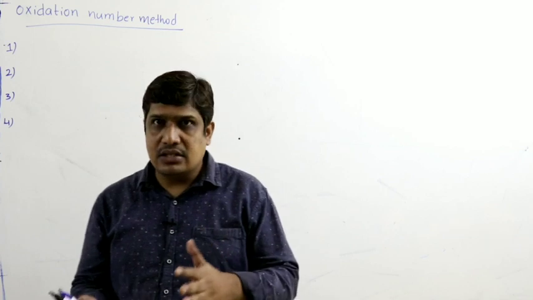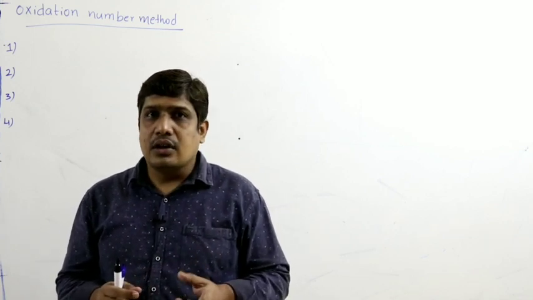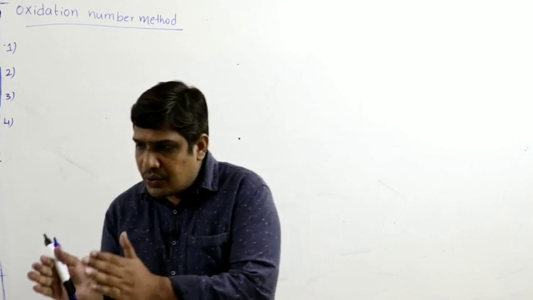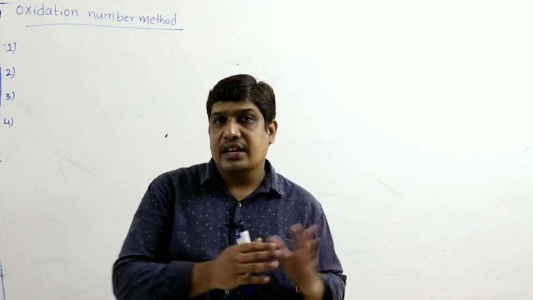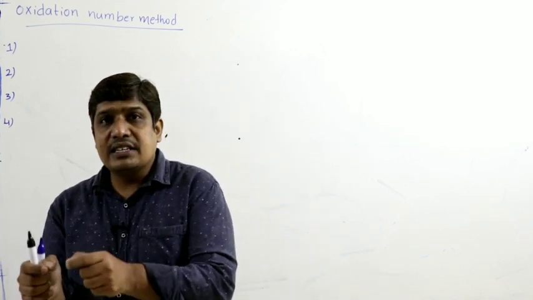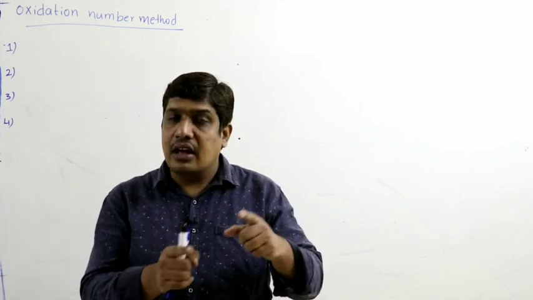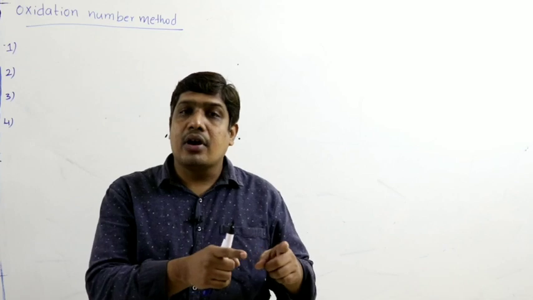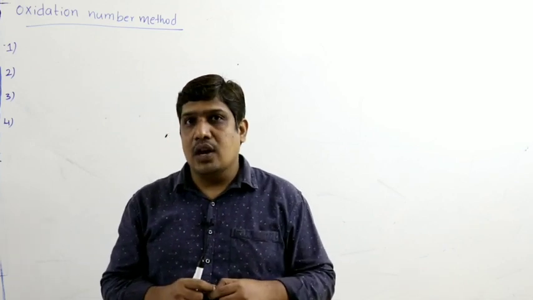Before this you can balance atoms if it is possible, right? Next you have to check whether the number of units change in oxidation is equal to the number of units change in reduction. If it is not equal, then multiply the oxidizing agent with the number of units change in oxidation and the reducing agent with the number of units change in reduction. Then they become equal, right?